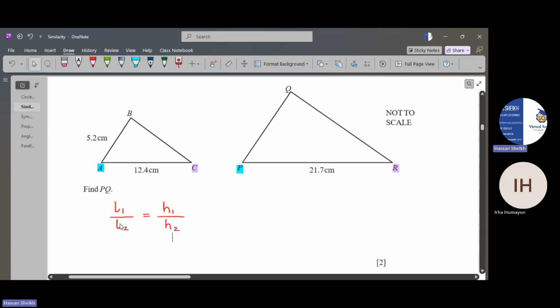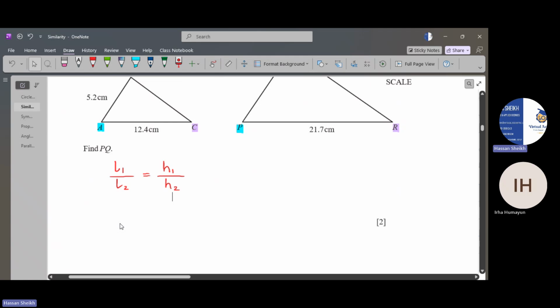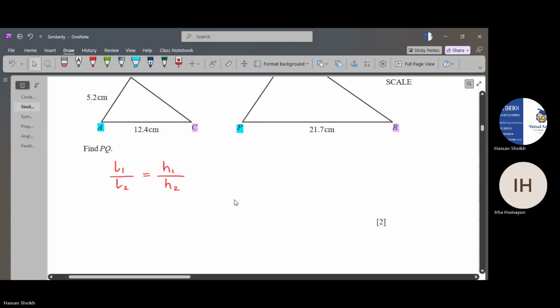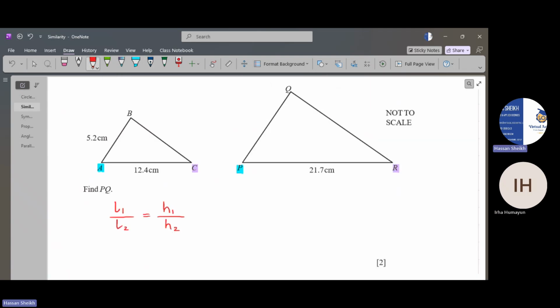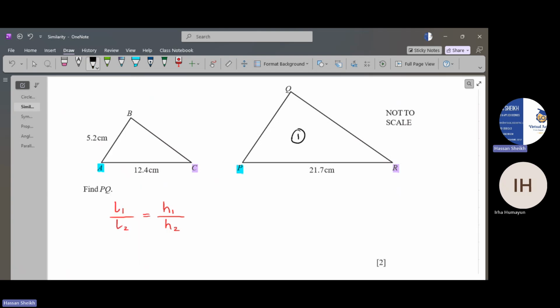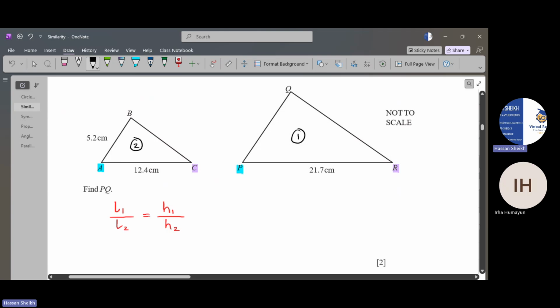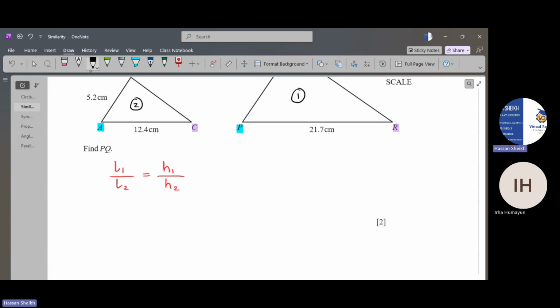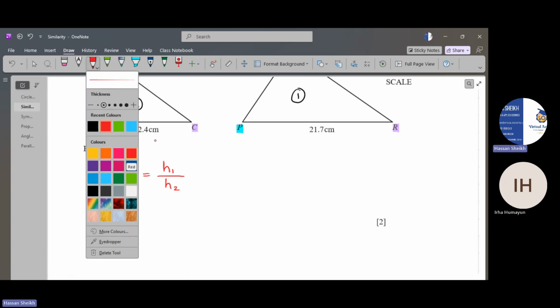Now, I'll keep L1 as whatever we need to find. So I'm taking L1 as PQ, which means that just for your ease, I'm taking this one as triangle number one and this one as triangle number two. So L1 must be PQ because we need to find that. We can use the formula in another way, but the best way is to keep your unknown in the numerator.